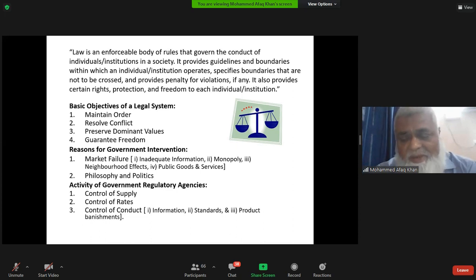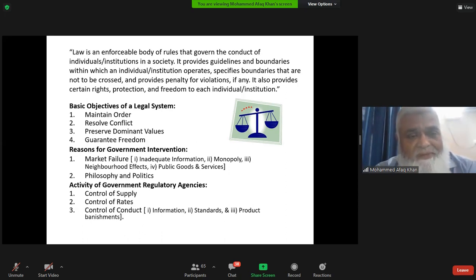And this is the reason why students of business have to study these rules and the laws relating to business. Once the rules are framed and the government publishes them, each individual or institution has the obligation to comply with those rules.